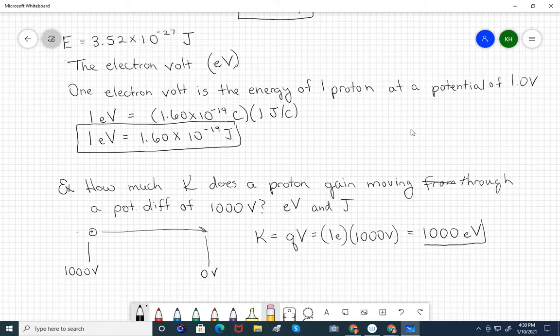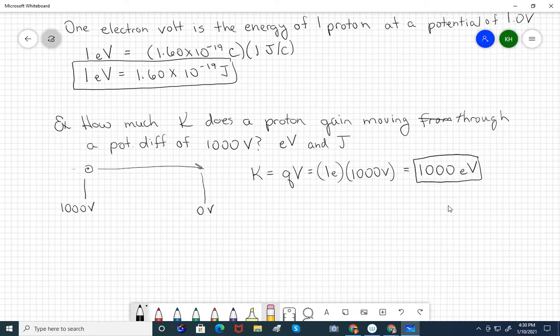If I want to answer in electron volts, super easy if we're talking about protons or electrons. If I want to answer in terms of joules, then I can go back and rework it. It's going to be 1.60 times 10 to the negative 19 times 1,000.